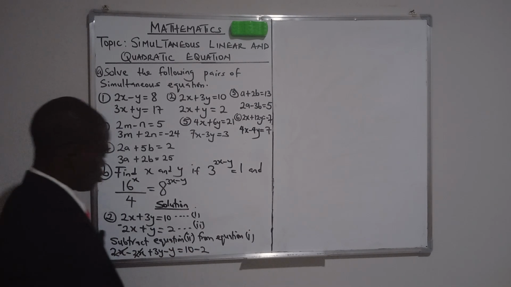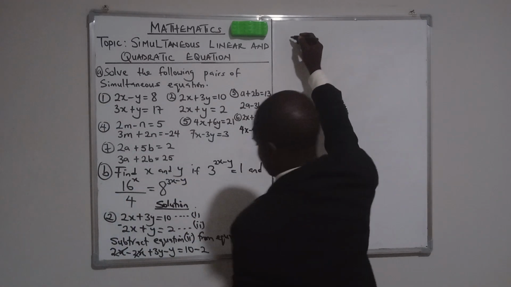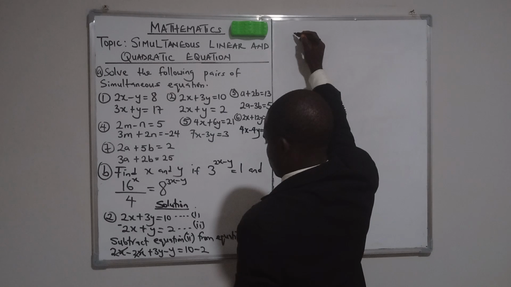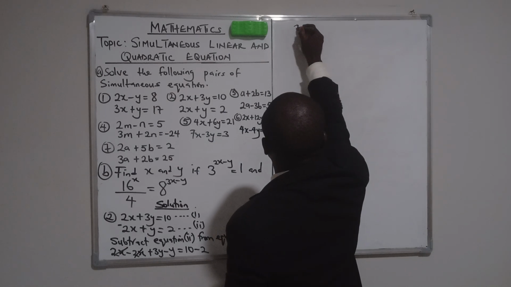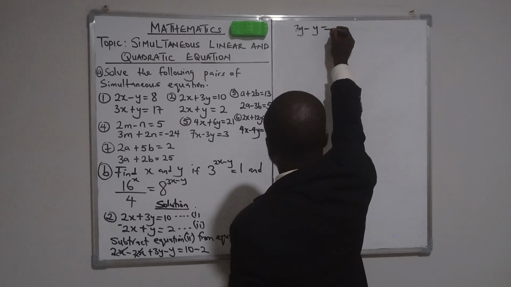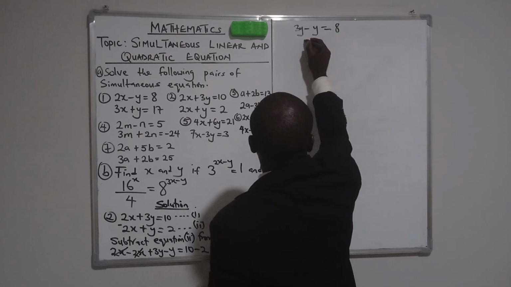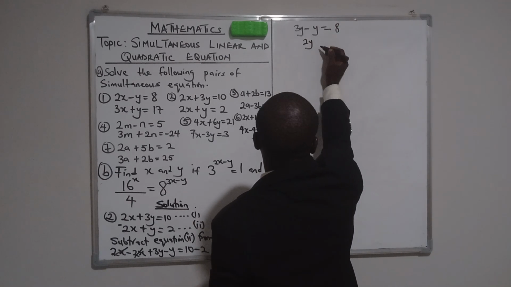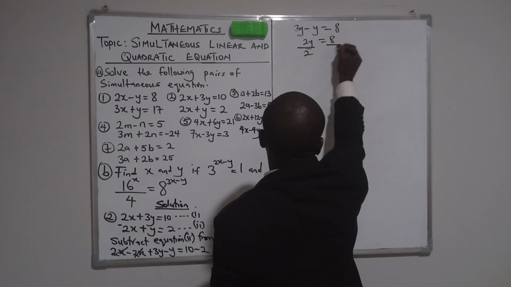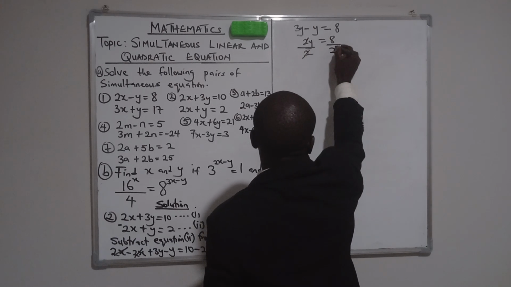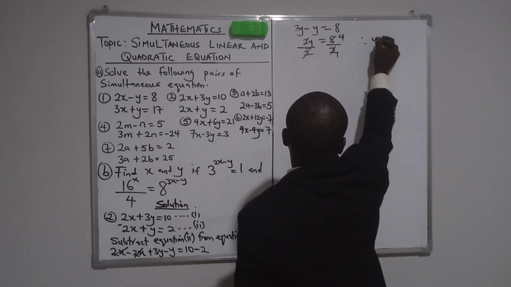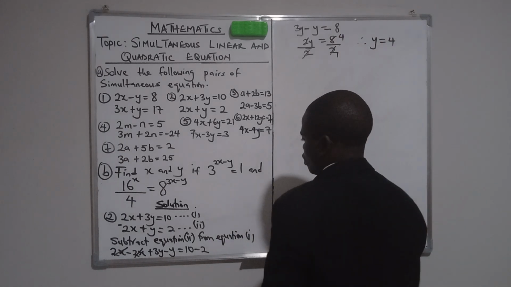This will cancel out. We are left with 3y minus y equals 10 minus 2, that's 8. 3y minus y is 2y equals 8. Divide both sides by 2. Therefore, our y equals 4.